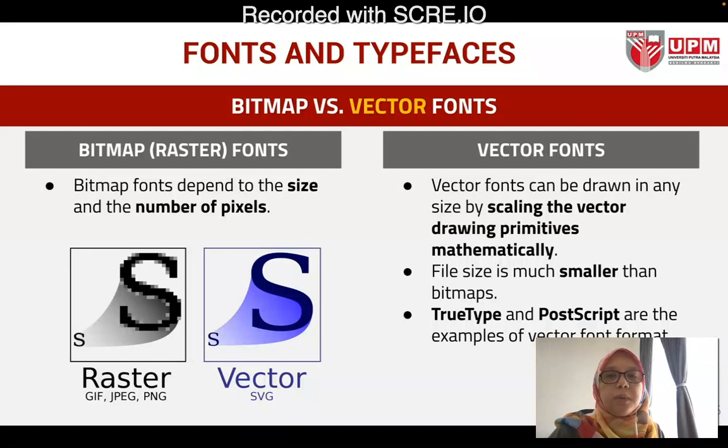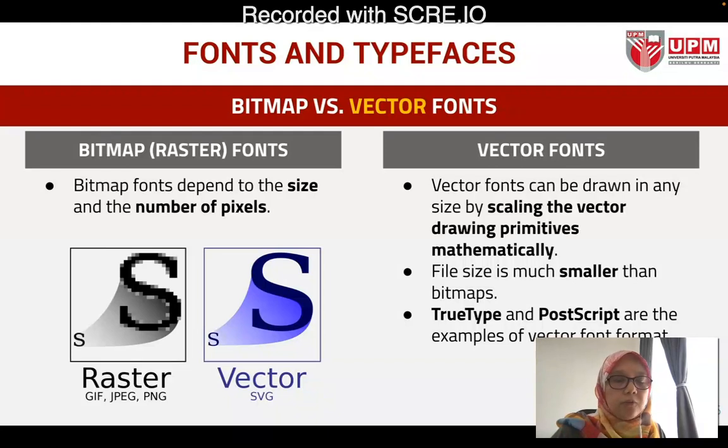What is the difference between bitmap and vector fonts? Bitmap or raster fonts depend on the size and the number of pixels. Vector fonts can be drawn in any size by scaling the vector drawing primitives mathematically. The file size is much smaller than bitmaps.